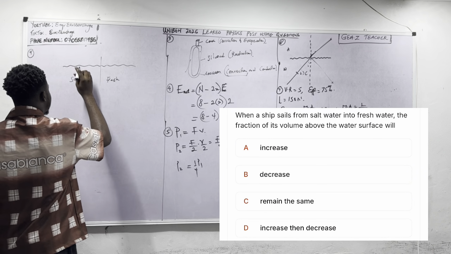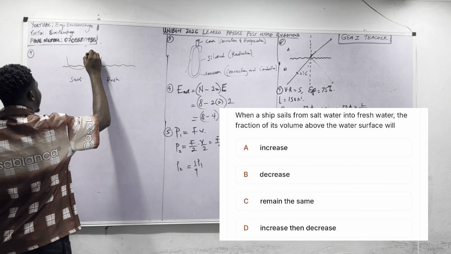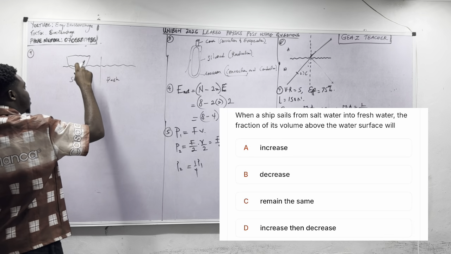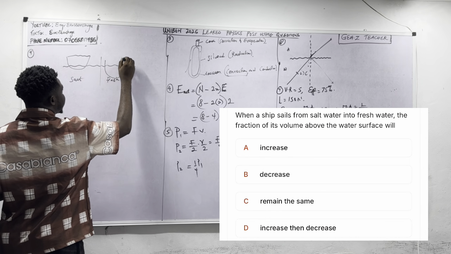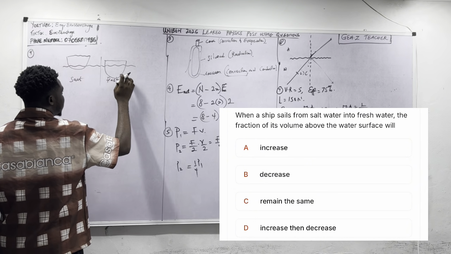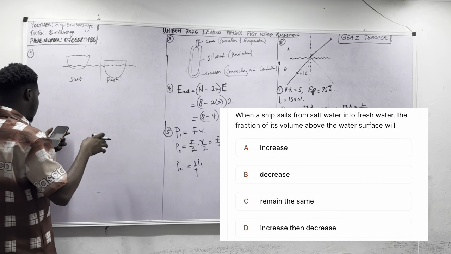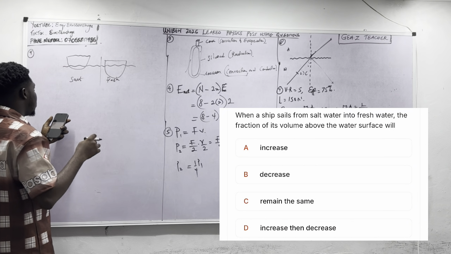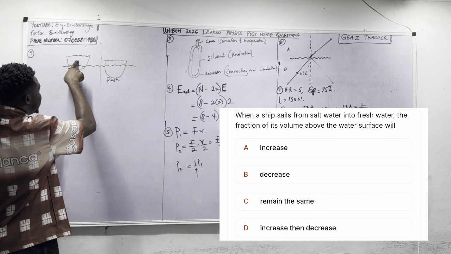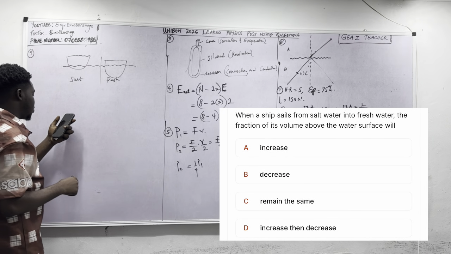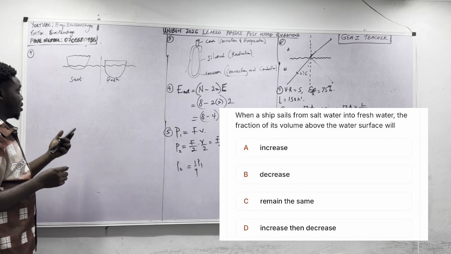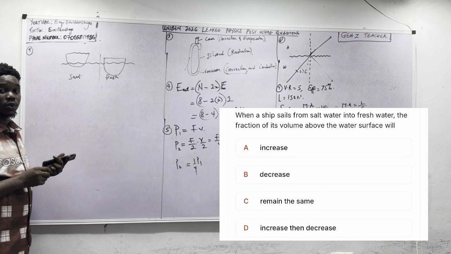So in the salt water, the ship should have more fraction outside the water. When it gets to fresh, it should have more fraction inside the water because it's going to sink a bit. Okay, so basically the volume above here is higher than the one here, so it's reducing. So the answer should be option B, decrease as it goes to fresh water.